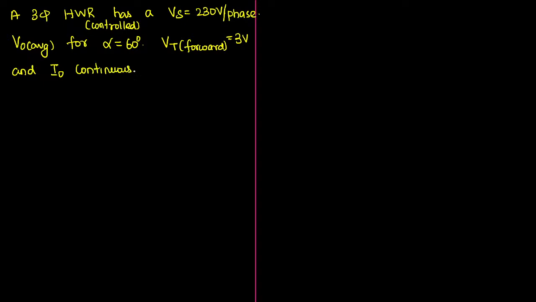You all know it is continuous. I just wanted to know the answer. Do it fast. Find out the V0 average when the firing angle alpha is 60 degree. Assume the thyristor forward voltage drop is 3 volt and the output current is continuous. Sufficient data is given. Now it's time to explore the answer from your end. Drop your answer.